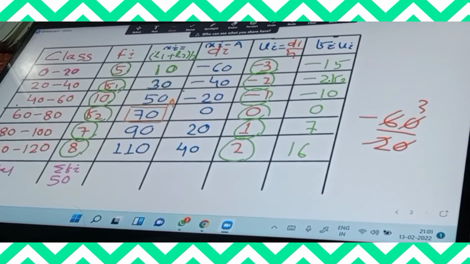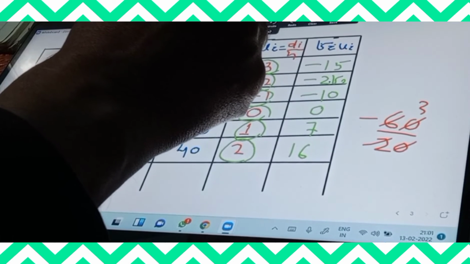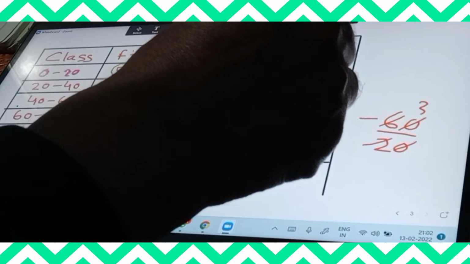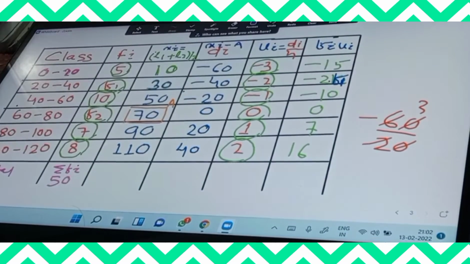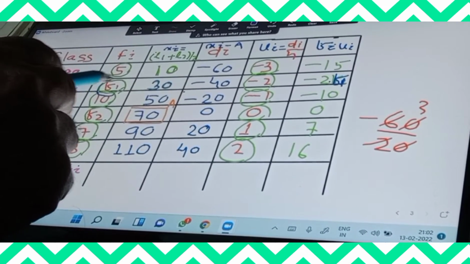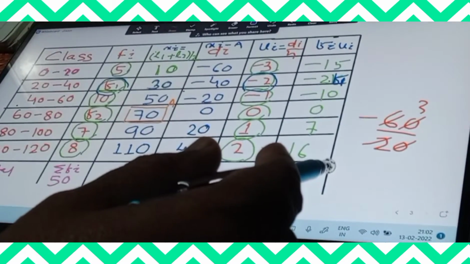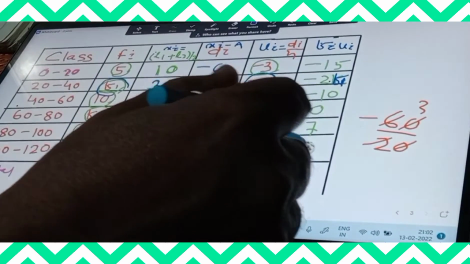This is f1, right? Here is minus 2, which is minus 2f1. This is how you have to find out.